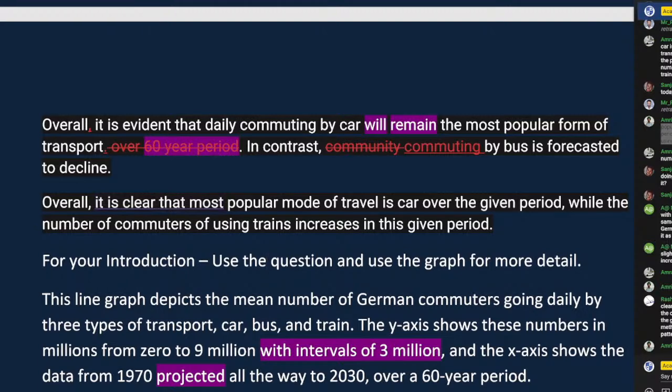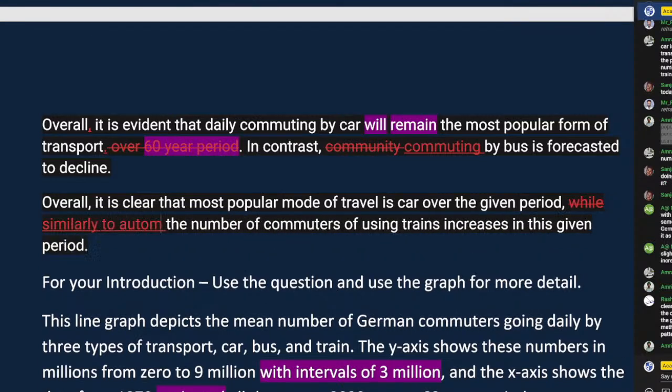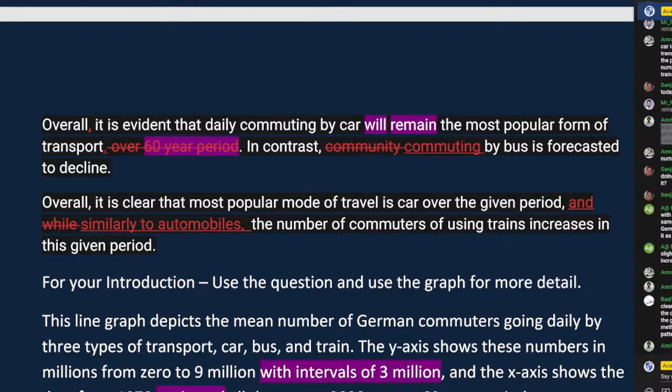So overall, it is clear that the most popular mode of transport is car over the given period is fine. While the number of, so while is wrong here. I would write similarly to cars. Or I would even write and similarly to cars or automobiles. The number of commuters using trains increases in this given period.